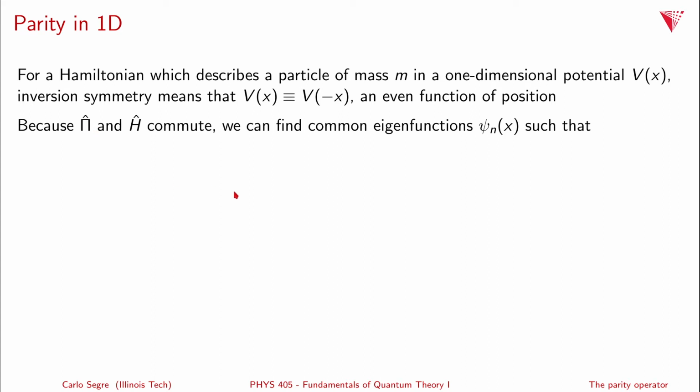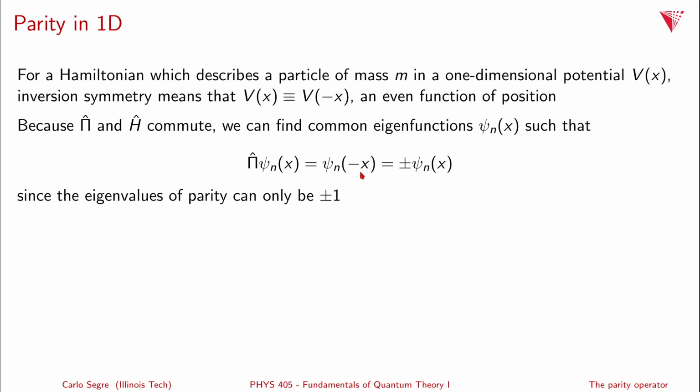Because pi and H commute, we can find common eigenfunctions of both, such that psi sub n of x is given by the following. That is, when we apply the parity operator to psi sub n of x, and it's a common eigenfunction of the Hamiltonian and the parity operator, then you're supposed to get psi sub n of minus x, but that should be either plus or minus psi sub n of x.